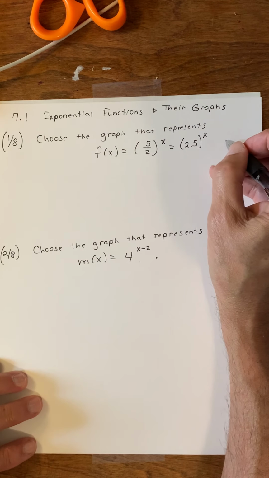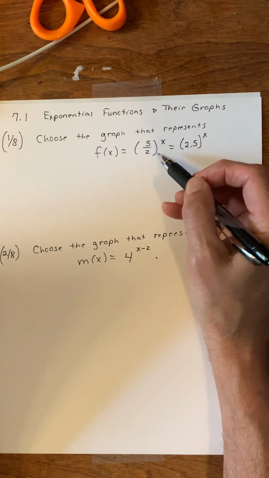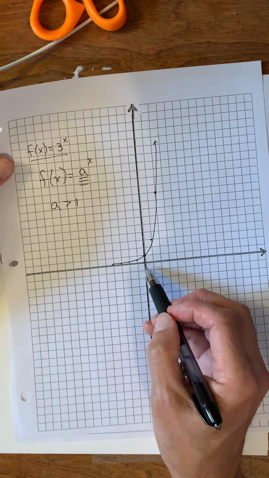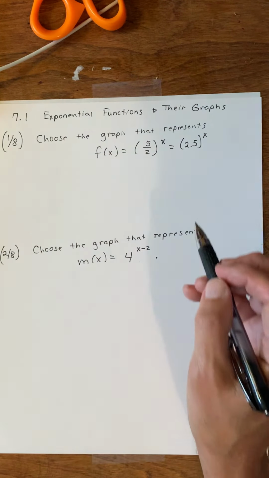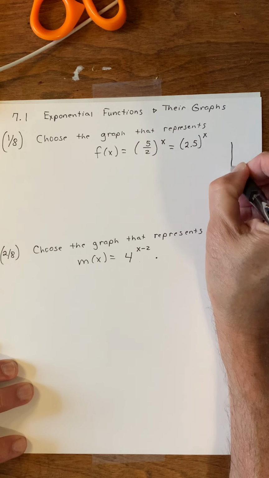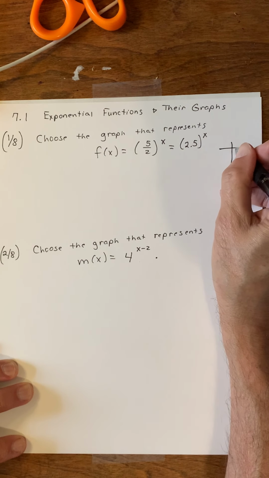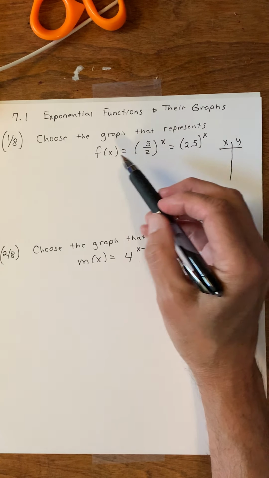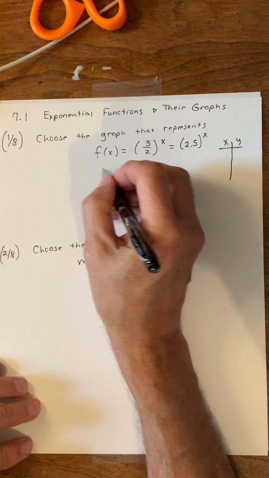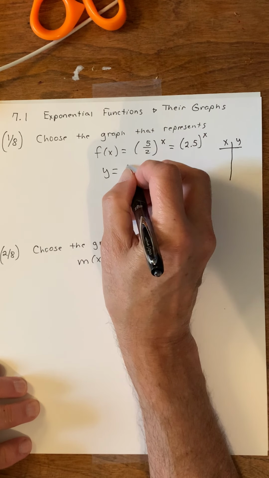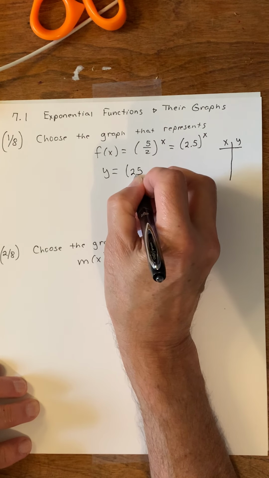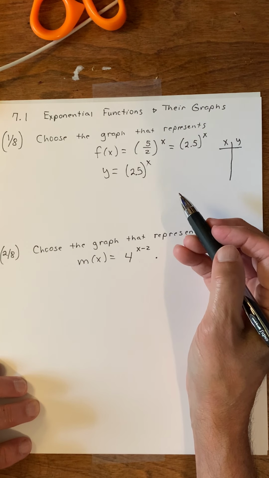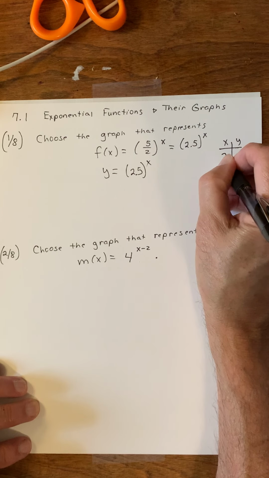I know it's going to go through the point 0, 1, because this is a standard representation of an exponential graph. In fact, you can just find some points that you'll be able to find an x and a y for as you look at your 4 graphs. Another way to say it, y is 2.5 to the x power. So let's pick some x's. Let's say 2.